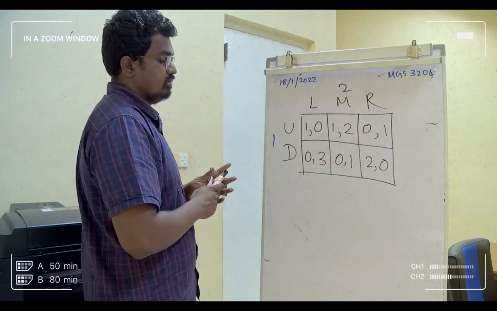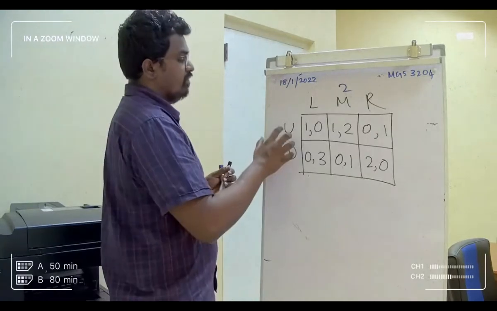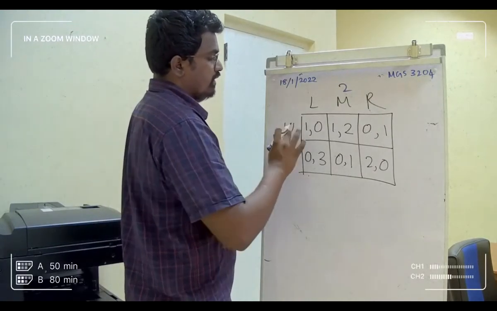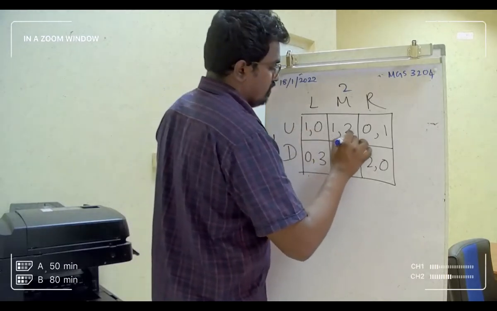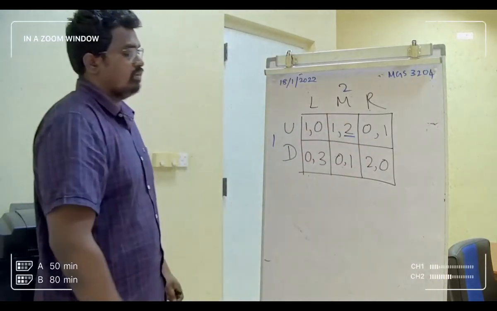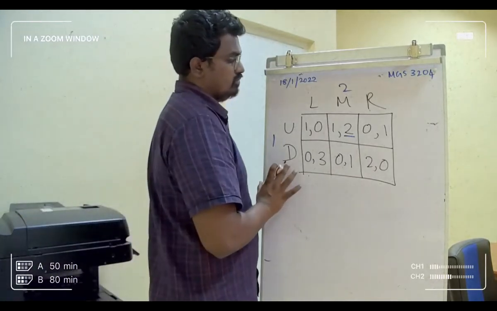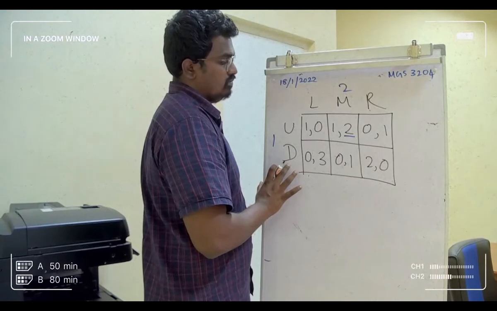When player 2 can choose middle, it is a better payoff because he can gain 2. If player 1 plays up, player 2 will choose middle, as player 2 gets the best there. And if player 1 plays down, player 2 will choose left.